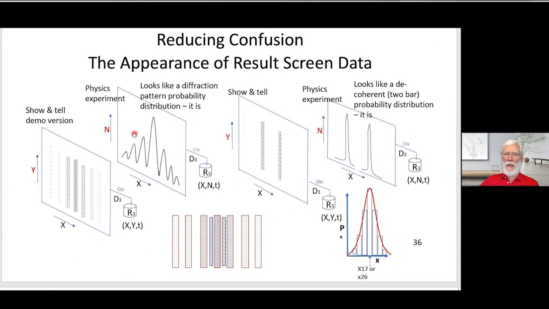In actuality, when you do the physics in the lab, what you get is something like this. This is basically the probability distribution. And that's the way your graph will actually come out in the lab. This is a way of presenting it. Makes it a little easier to deal with.